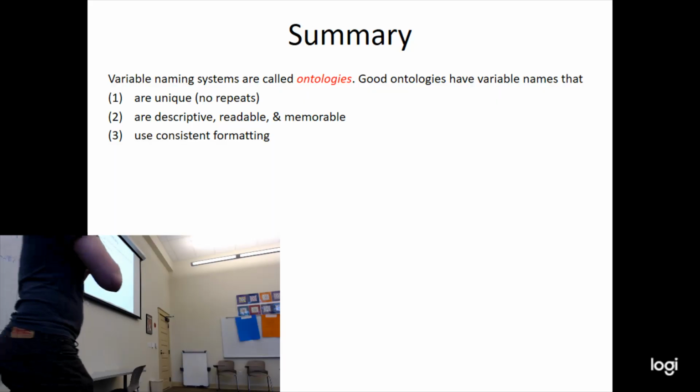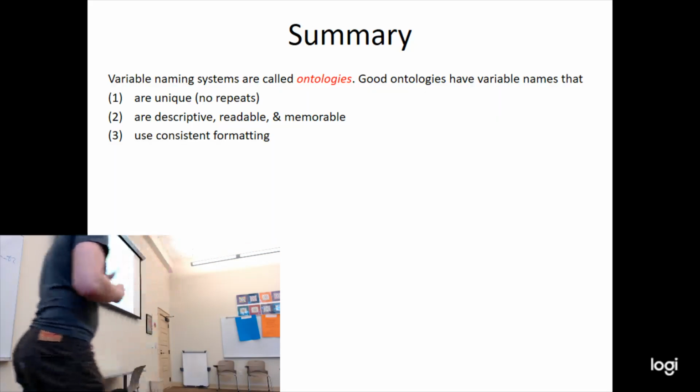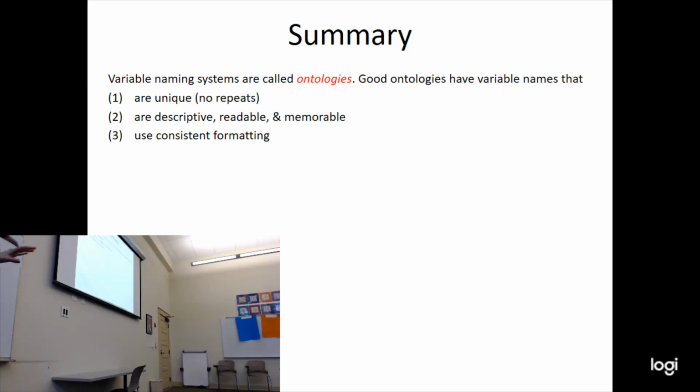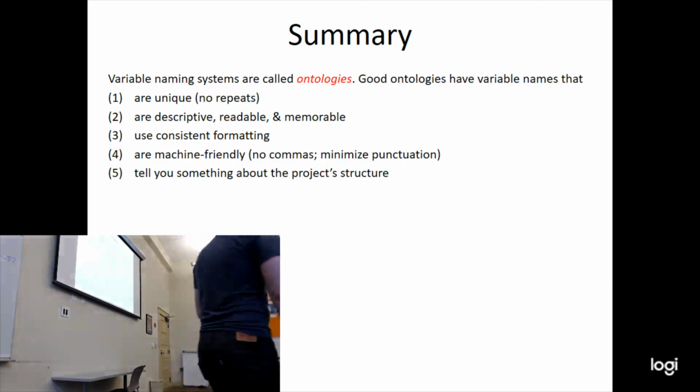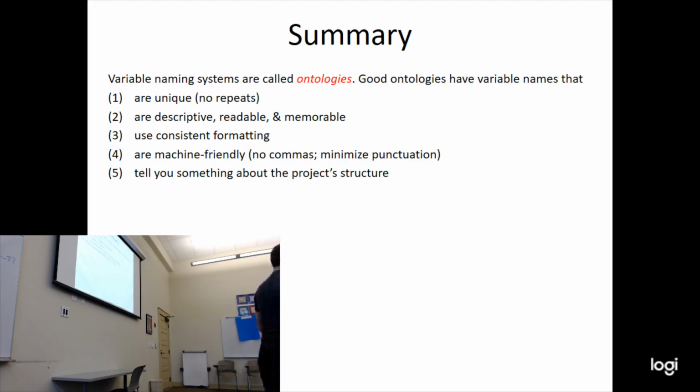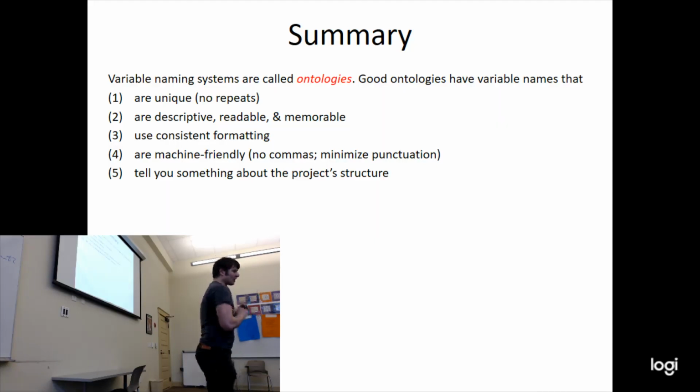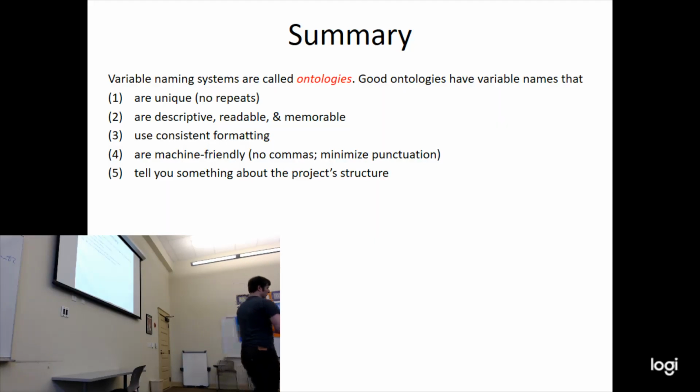Good ontologies have variable names that are consistently formatted to avoid typing errors. They're machine friendly. And ideally, they should tell you something about the structure of a project. The ideal is that if you double click on a data file and open it in, say, Excel, or just look at it using the head command in R, you're able to tell something about what's in this data set, the structure of the project that led to this data set.